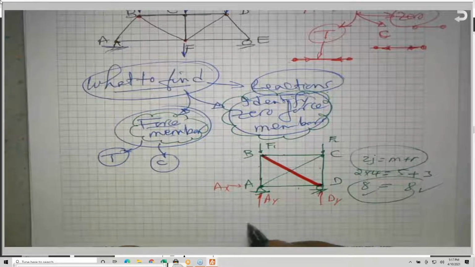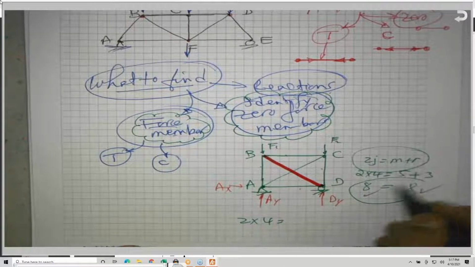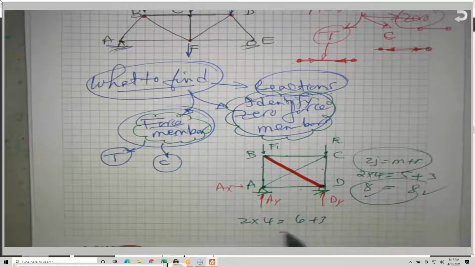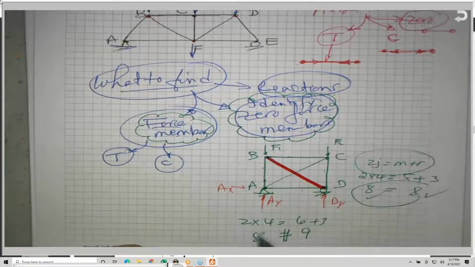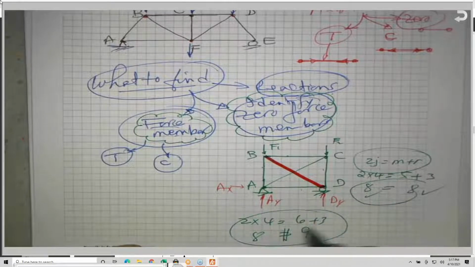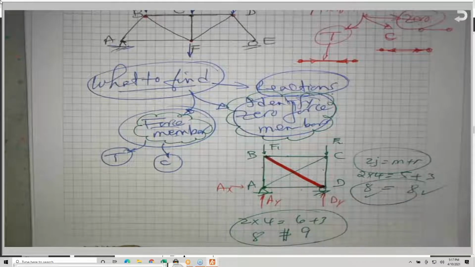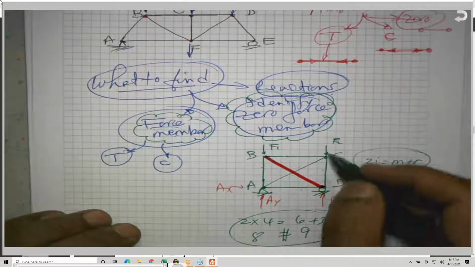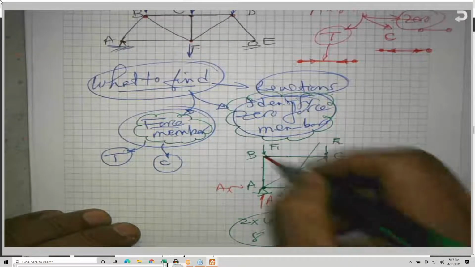No, because 2 times the number of joints is still 8, but now M became 6, and 6 plus 3 is 9, and this is 8. So the equation is no longer satisfied, and this is statically indeterminate to the first degree. I have 1 extra member here. He will not ask you about that, and we are not going to talk about it here.